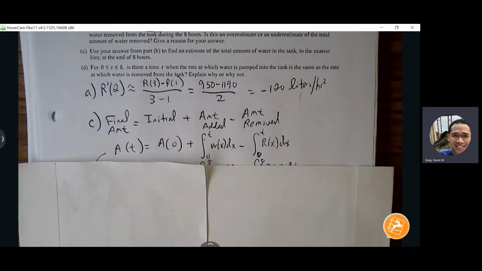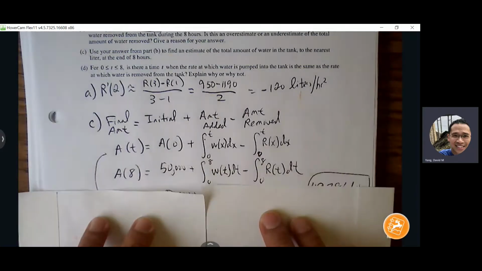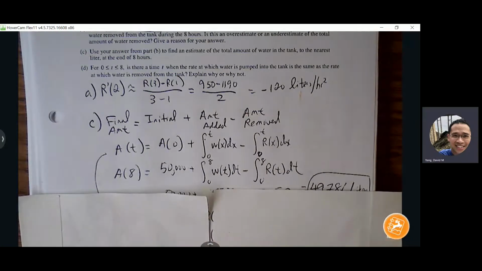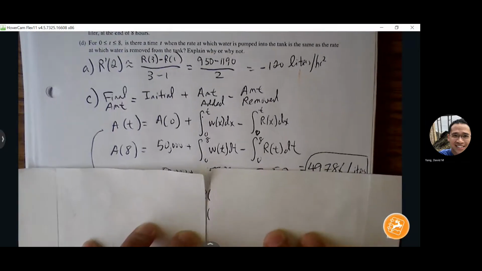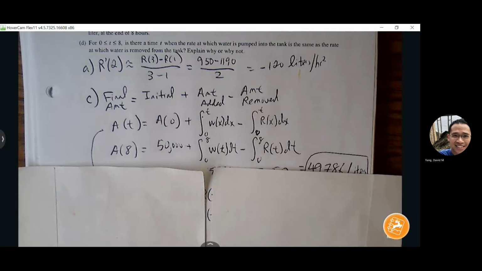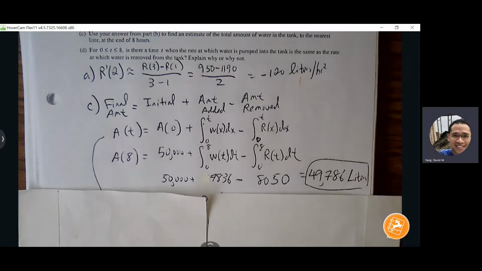But now that we have our formula, we can adapt it for part C. We want to find out how much water there is 8 hours in. Okay, I think my key is a little bit off here. The integral from 0 to 8 of W of t should show 7836.